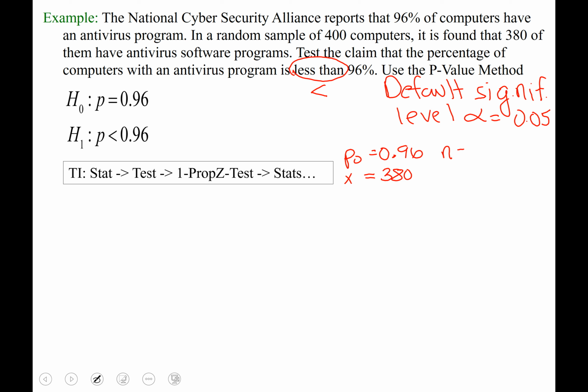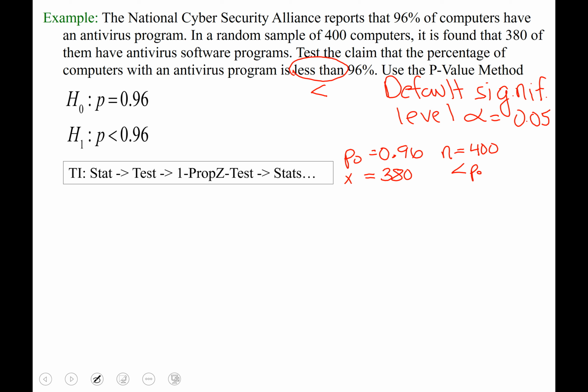N would be our total number, which is 400 computers. And the last input that it wants from us is the inequality that we used in the alternative hypothesis, which is the less than symbol. And it looks like this on your screen. Make sure that's highlighted. Go ahead and calculate that.